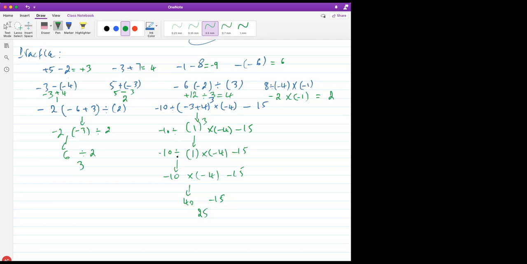Bring it down, the division, and everything else. Then we do the division. Negative 10 divided by 1 is negative 10. Any number divided by 1 is itself. Bring these down. Finally, we multiply these two before the subtraction. Negative 10 times negative 4 is 40. Minus 15. And the final answer is 25.